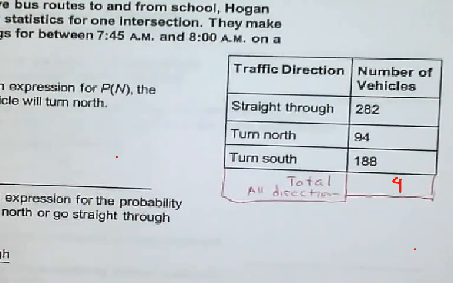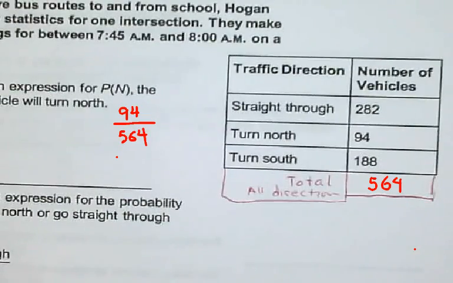Did they count 564 cars? I think they did. That's how many they counted. So if I'm turning north, that would be 94 out of 564.